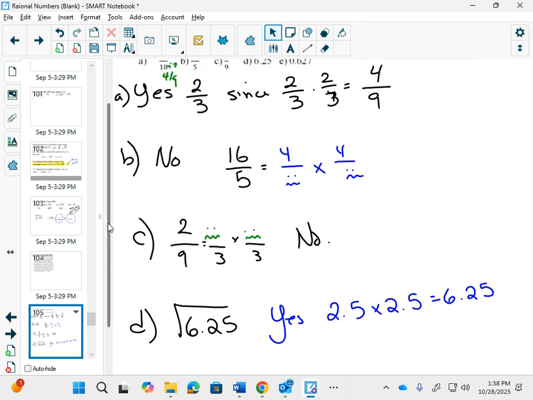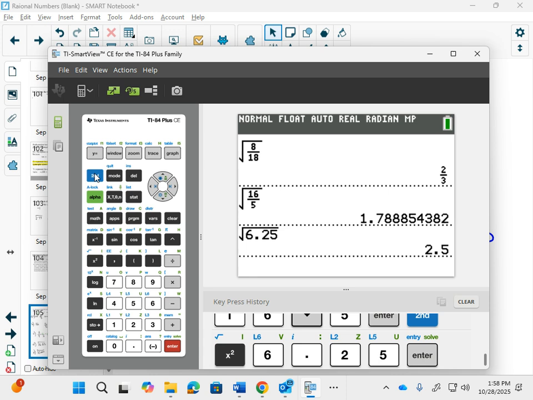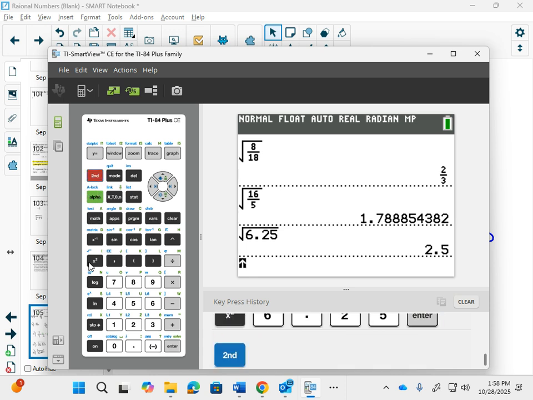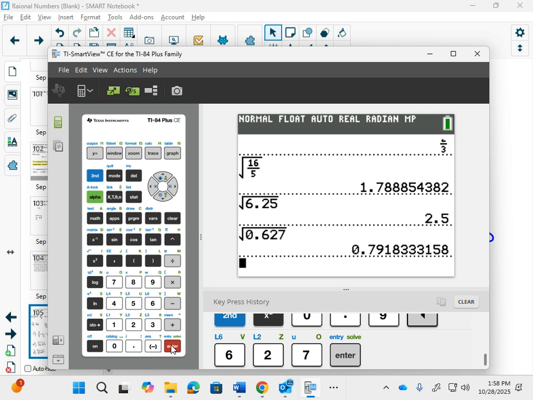And we have one more. E is 0.627. So I'm going to test out 0.627 on my calculator, and you should be checking it as well with your calculator. Does it look like it keeps on going? Yes.